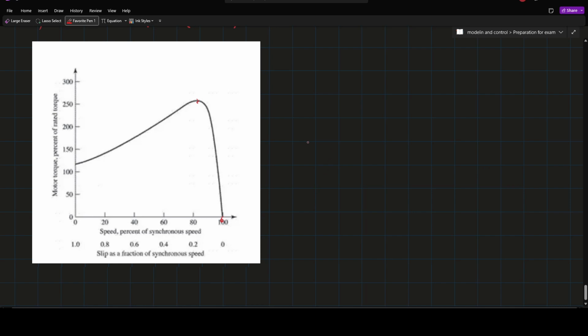This happens because, as we talked in a previous video, if we have the synchronous speed, not the slip, just the slip speed, it is equal to the synchronous mechanical speed minus the speed in electrical. So if these two are equal, it's zero.